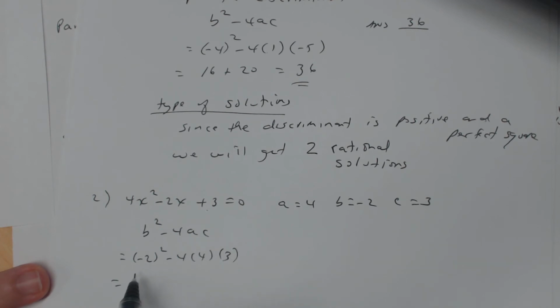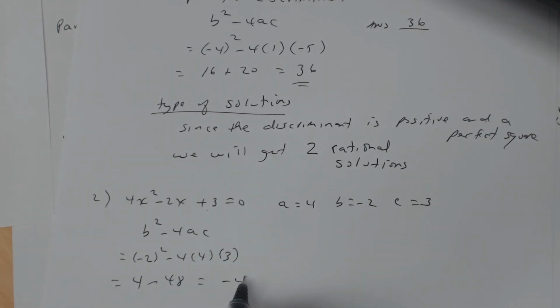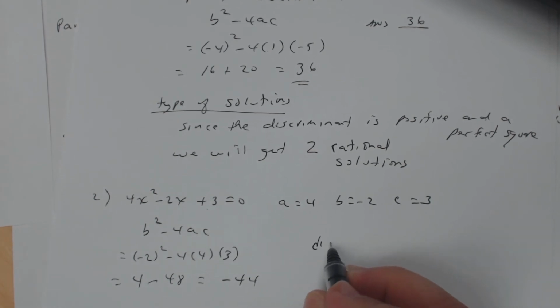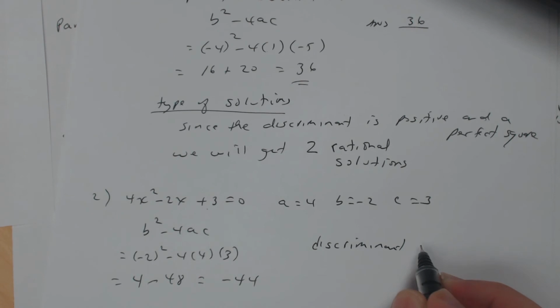So that's negative 2 times negative 2 is a positive 4. A negative times a positive is a negative. 4 times 4 is 16. 16 times 3 is 48. 4 minus 48 is a negative 44. So the discriminant equals a negative 44.